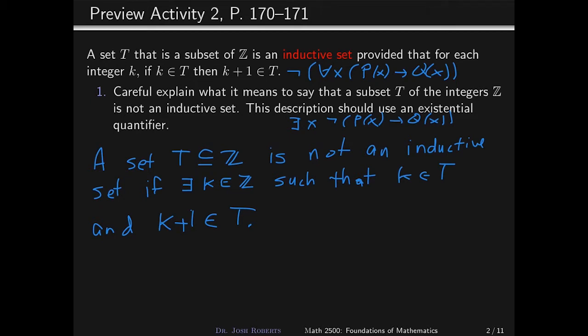And you do that by assuming the hypothesis and the opposite of the conclusion. Okay? So this is the answer to that first part A. This is what it means for a subset to not be inductive. That I'm able to find a k that's in my set, but the k plus 1 element is not in my set.